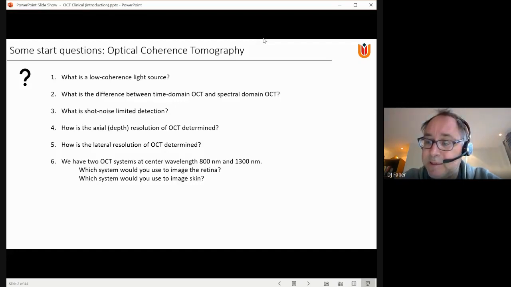Which basically means that if you would use the 1300 nanometer, you could image a little bit deeper because the scattering is lower. So there is this trade-off between the absorption and the scattering contributions, or the absorption and scattering effects on how deep you can image and how much signal you can get back.